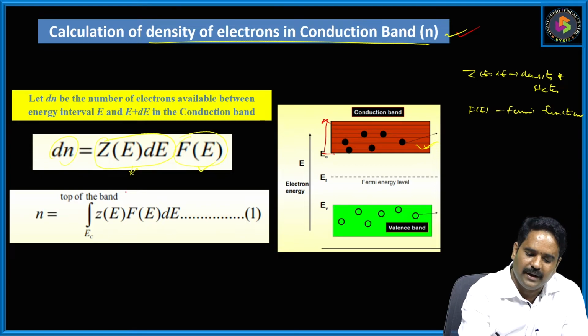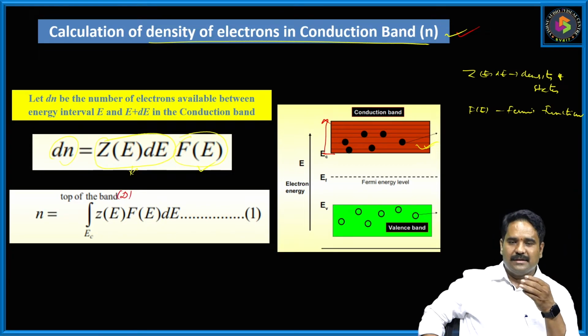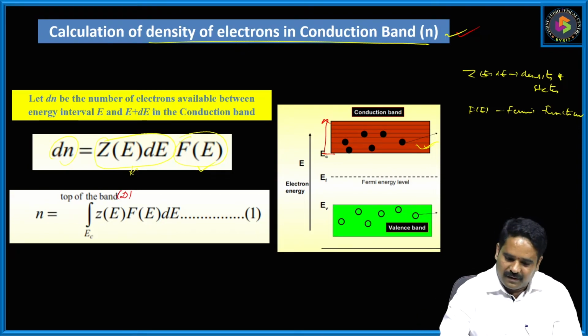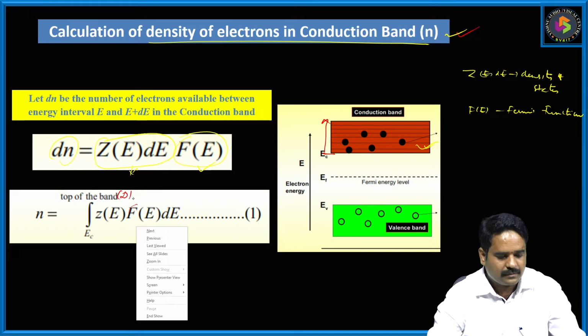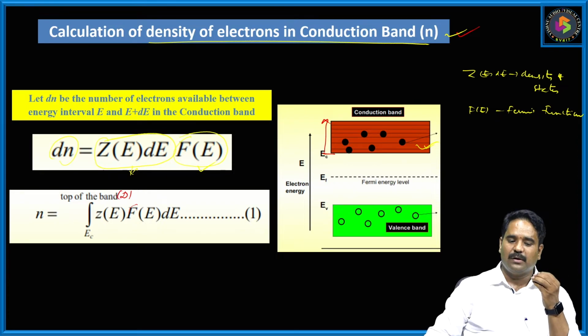We are assuming that the probability of electrons occupation reduces to 0 at infinity. The probability of electrons occupation, means f of E, reduces to 0 at infinity only. So the lower limit will be EC and the upper limit will be infinity.